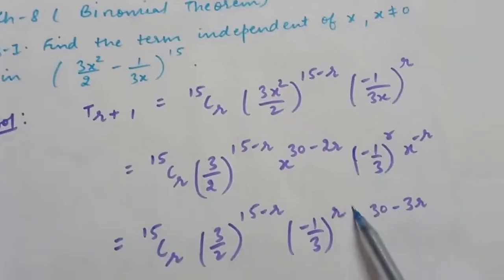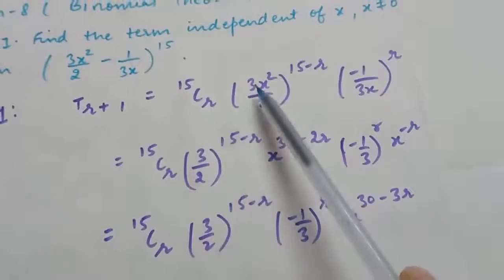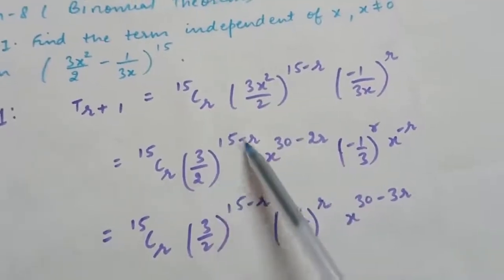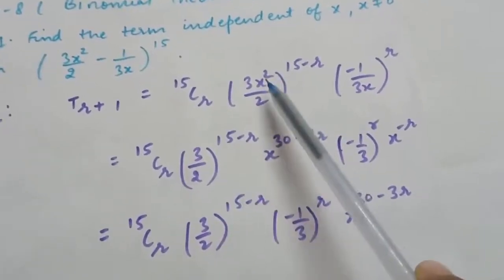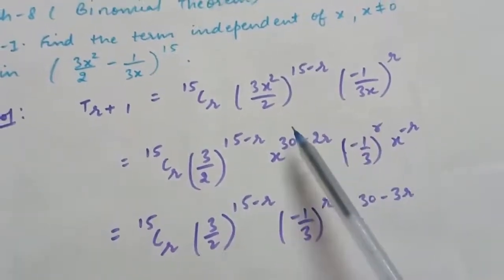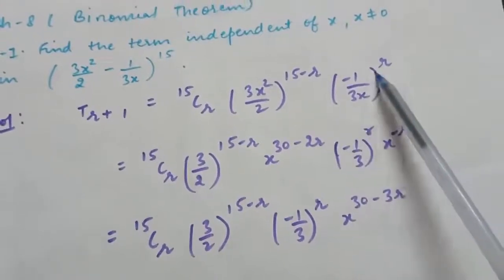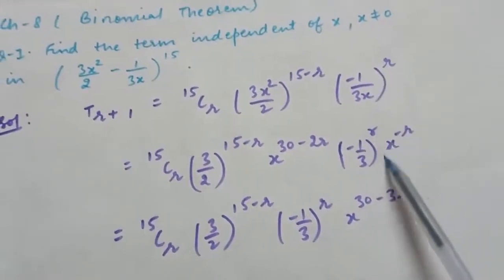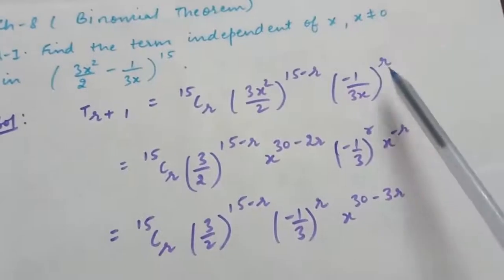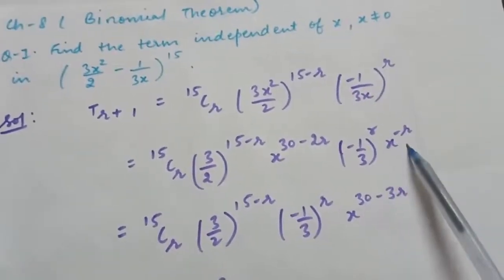Now we will calculate the power of x. So 15Cr (3/2)^(15−r), and this will become x² into (15−r), x^(30−2r), times (−1/3)^r into x^(−r), because we have taken x in the numerator.